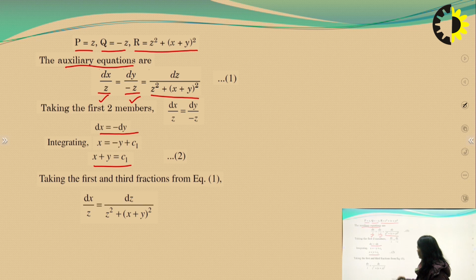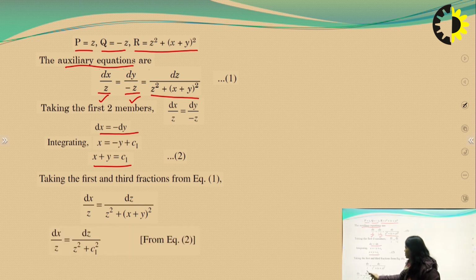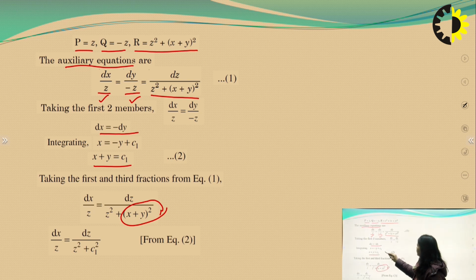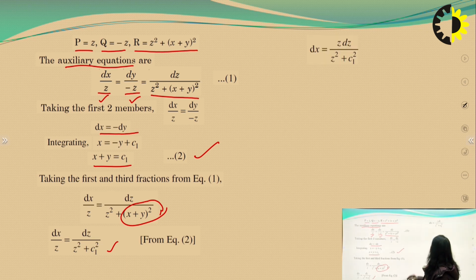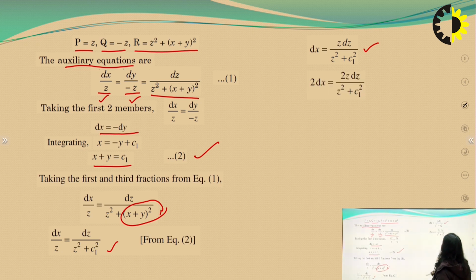So on comparing these, I get dx upon z equal to dz upon z square plus x plus y whole square. Since this will interfere with our calculation, we will use equation number 2 to substitute this as c1 square. So now I have dx equal to z dz upon z square plus c1 square, which can be easily integrated.